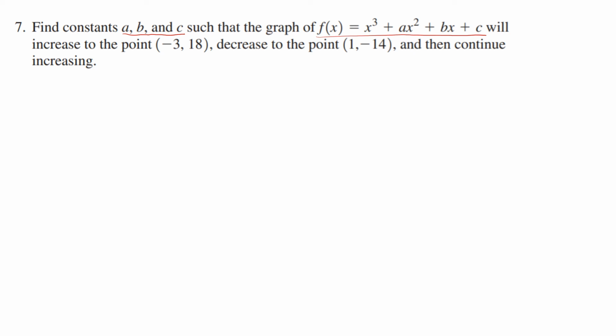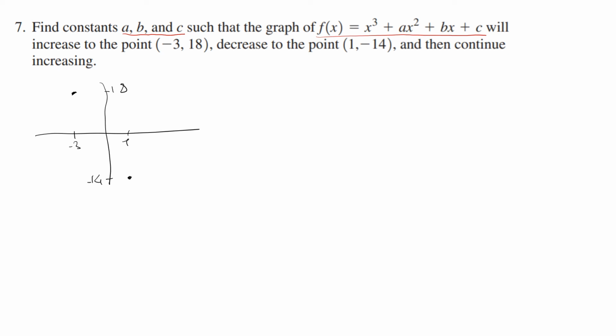And if I were to just draw it as a graph, I don't know the function, but I know the point (-3, 18) occurs here, right? And I know the point (1, -14) occurs right over here.